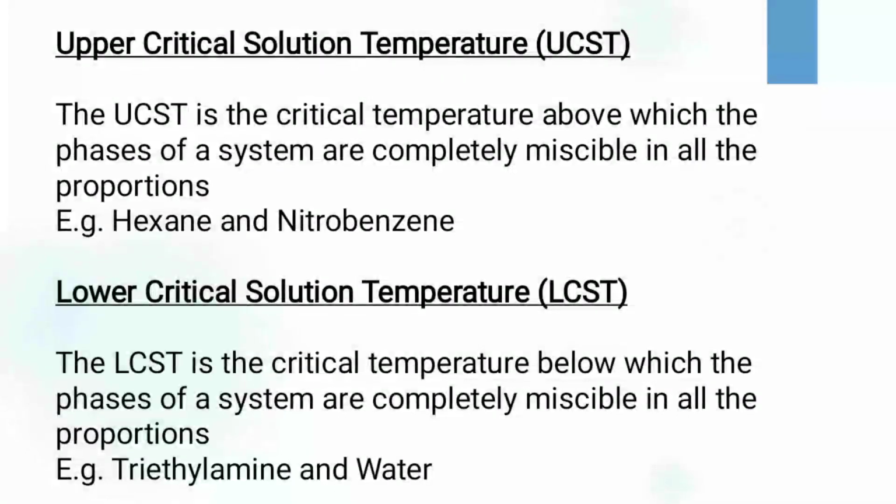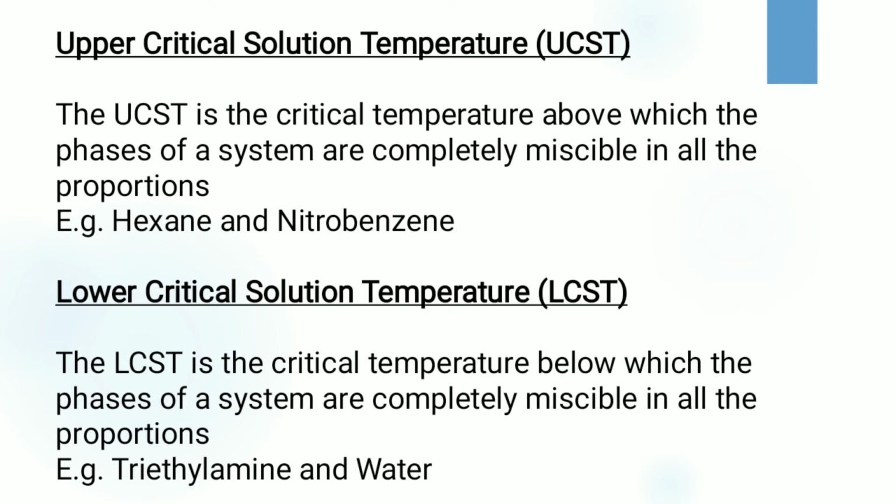Then you should also know about UCST and LCST. UCST is the upper critical solution temperature and LCST is the lower critical solution temperature. The UCST is the critical temperature above which the phases of a system are completely miscible in all proportions. An example is hexane and nitrobenzene.